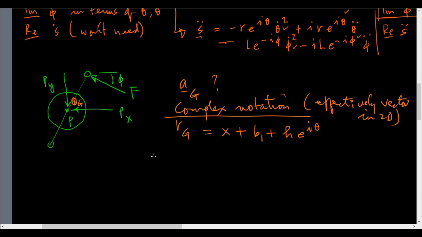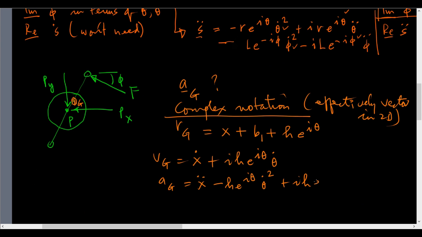So the velocity of G is equal to x dot, that's 0, plus I h e to the I theta dot. The acceleration of G is equal to x double dot minus h e to the I theta dot squared plus I h e to the I theta double dot.